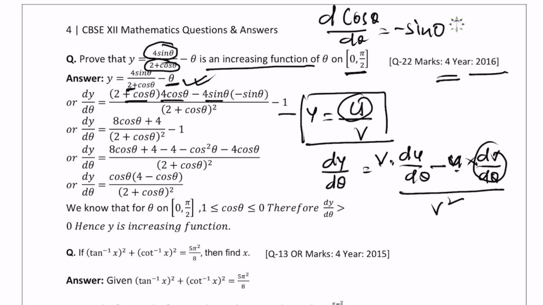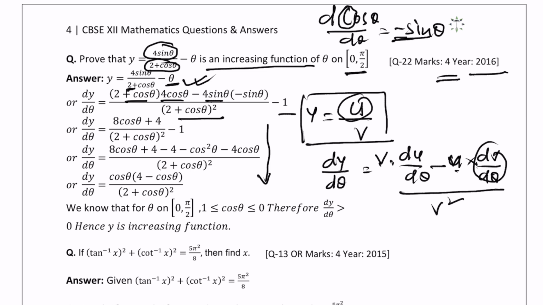Anything which involves cos, like cos, cot, cosec, whenever you differentiate it, a minus sign comes. So here we have written this over 2 plus cos theta whole square, correct? This is simple, easily understandable steps. Now we have found dy by d theta, and we have this value.